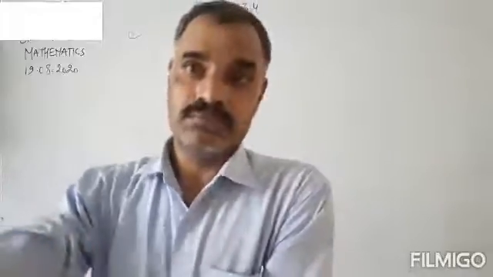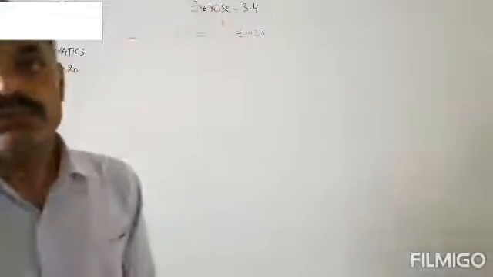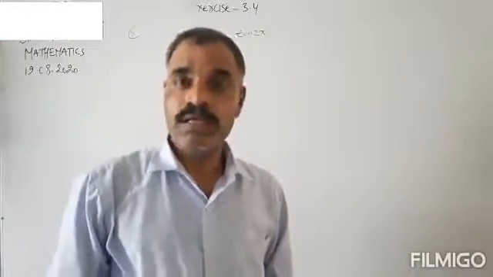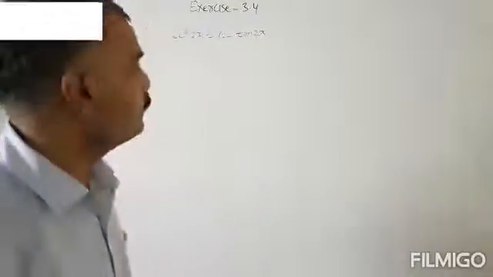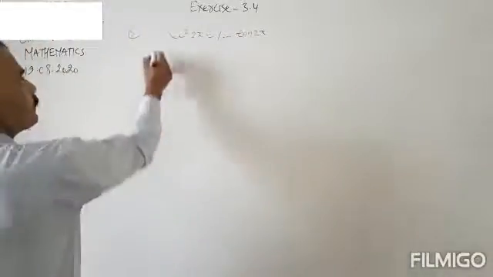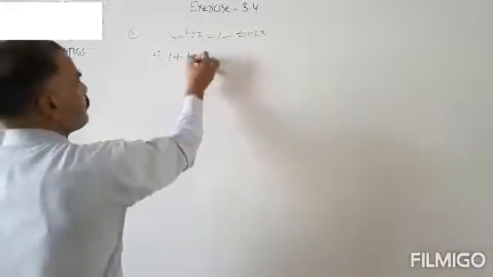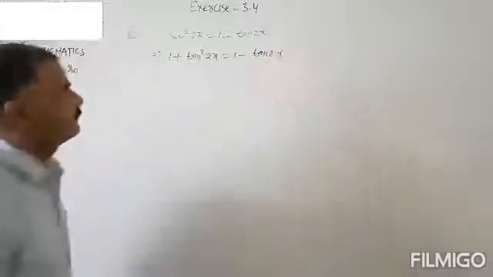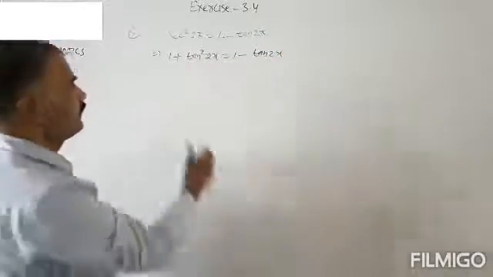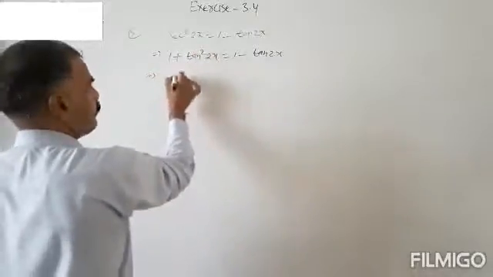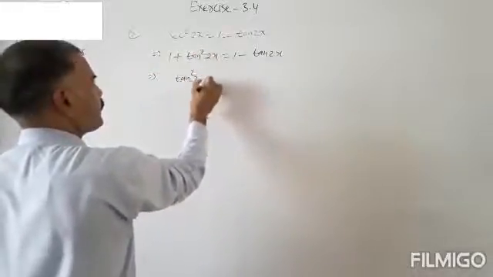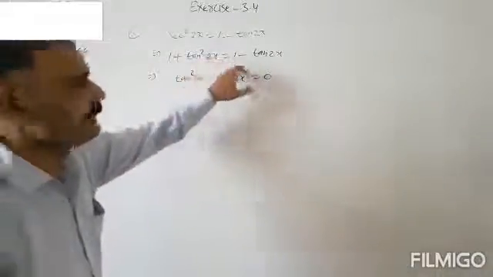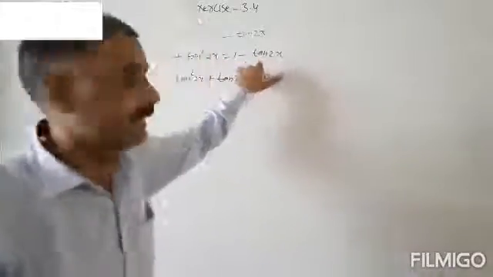Sec square theta is equal to 1 plus tan square theta. So we will use sec square 2x equals 1 plus tan square 2x. So 1 plus tan square 2x is equal to 1 minus tan 2x. The 1 will cancel 1 on both sides, so it is tan square 2x plus tan 2x equals 0.